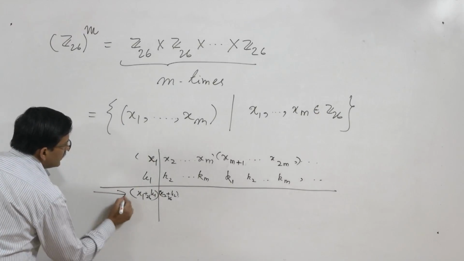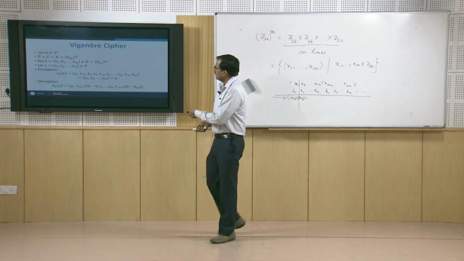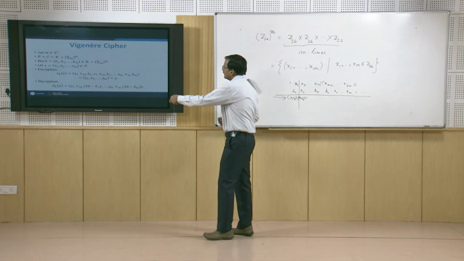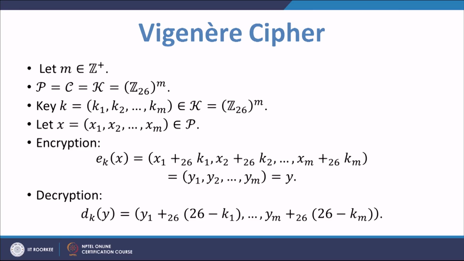So, this is the encrypted string. For decryption, when I get the encrypted sequence, I will just apply the inverse function, that is, addition modulo 26 with minus k1, minus k2 and so on, and I will get the decrypted sequence.